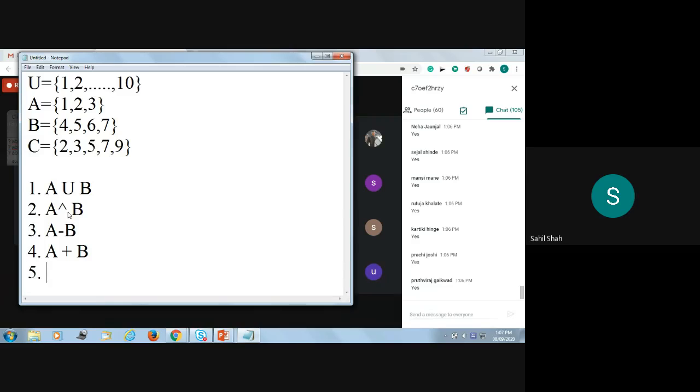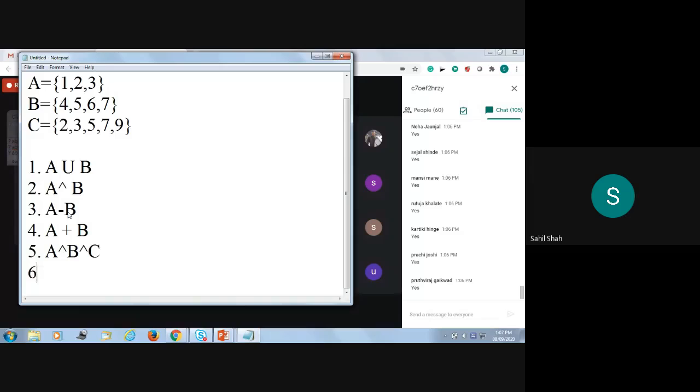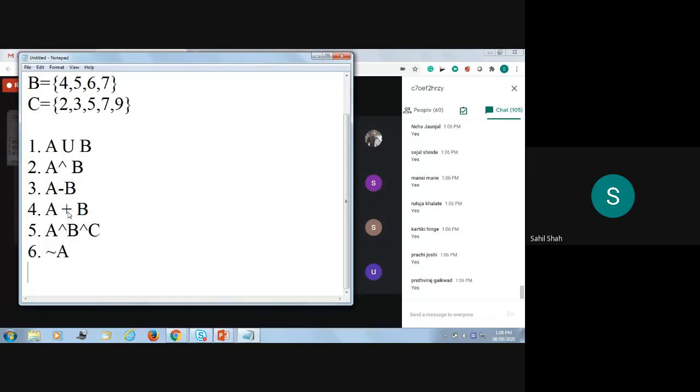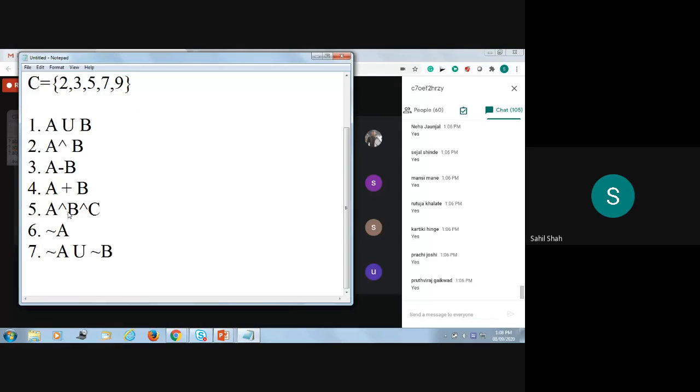Let us say I am asking you to compute A with B with C. I am writing this negation-like notation, but you should use bar. A bar. Then let us say I want A bar union negation of B. Next, let us say I want negation of C intersection D. Are you ready for the answers?